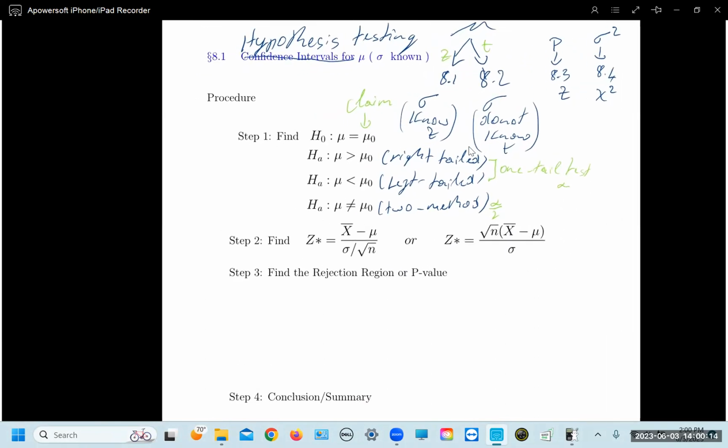So we have the alternative hypothesis, and the test statistic.